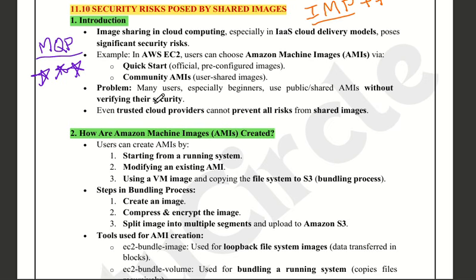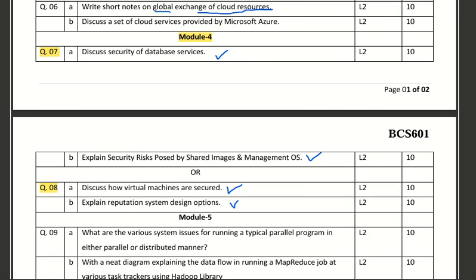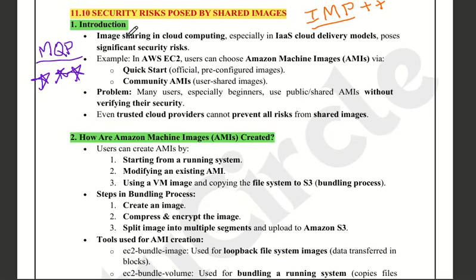The next concept is the security risk posed by the shared image. This is also very important. This question is there in the model question paper itself: explain the security risk posed by the shared image and management operating system. The first one is the security risk posed by the shared image, then the management, then the operating system.